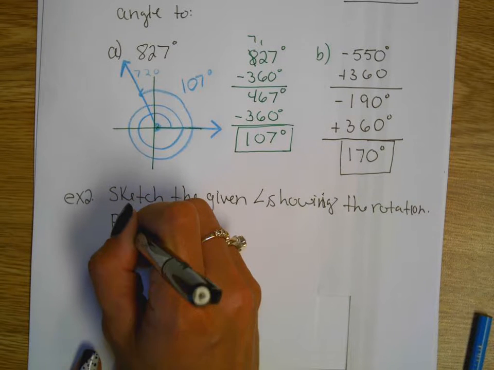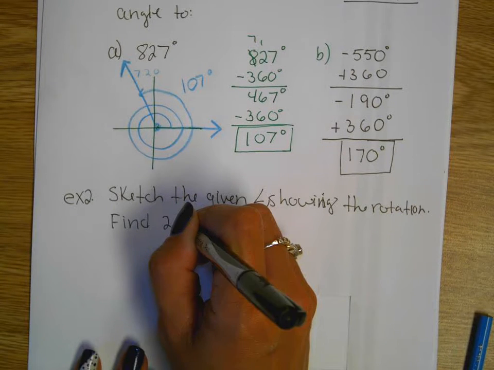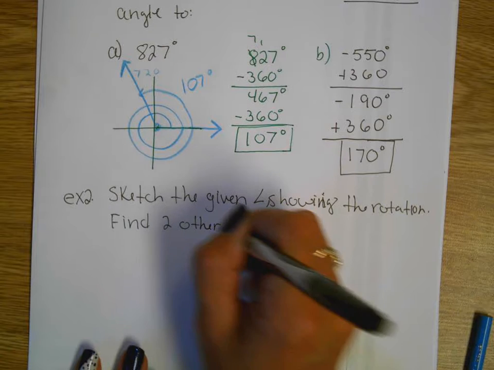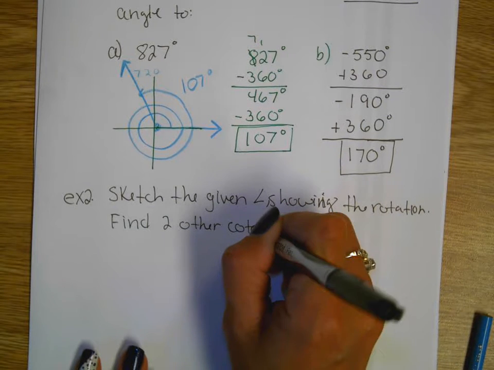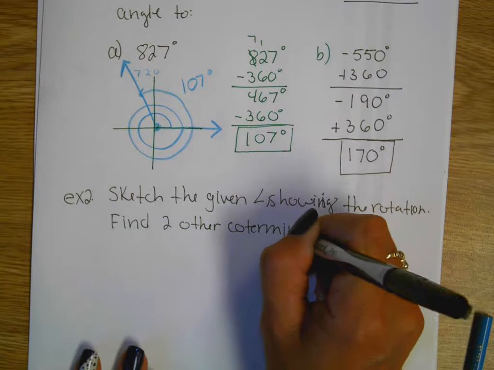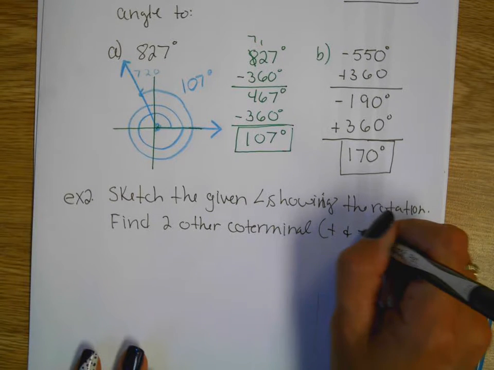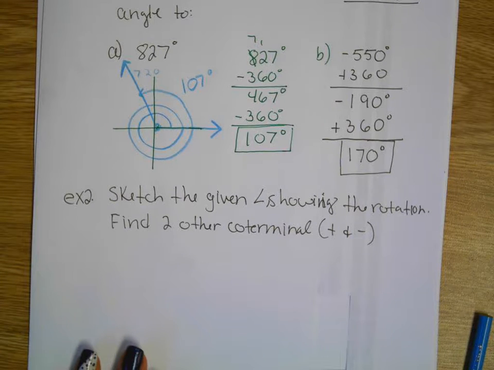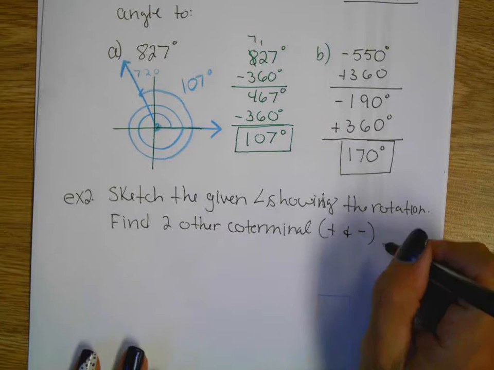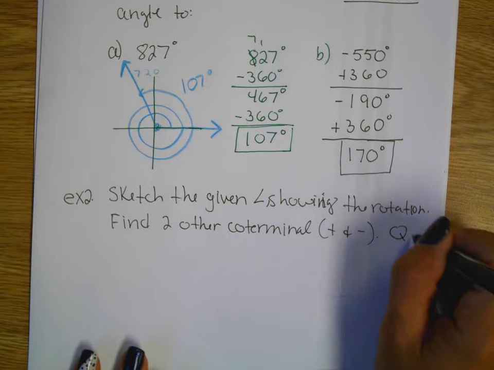Find two other coterminal angles, one positive and one negative. So I'm not asking for the smallest or the largest. It'd be impossible to get the largest. And name which quadrant all of them land in.